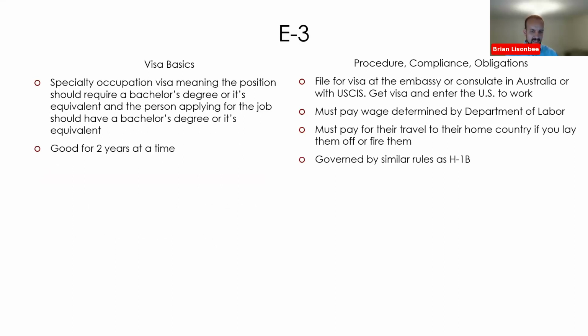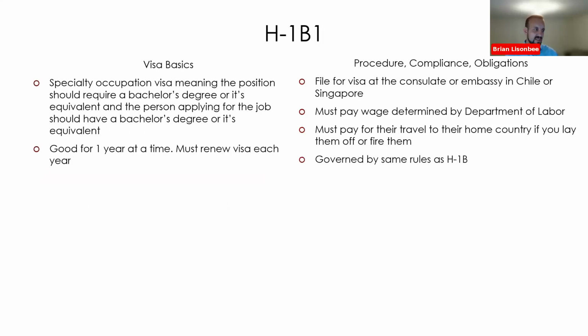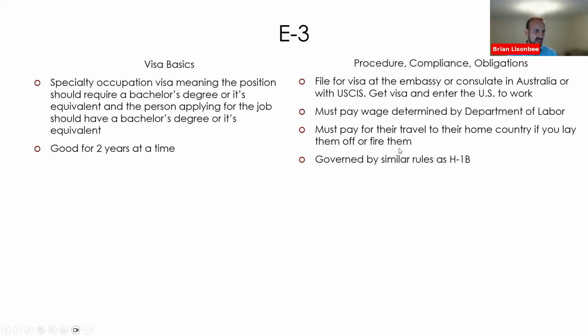H-1B1 and E3, these other two options are very similar to the H-1B program, except the one difference is these are treaty-based visas. The H-1B1 is based on a treaty between Chile, Singapore, and the U.S. Pretty much the same requirements as H-1B, except there's no cap. So when you file an H-1B1, you can be sure that that employee will be onboarding with your company.